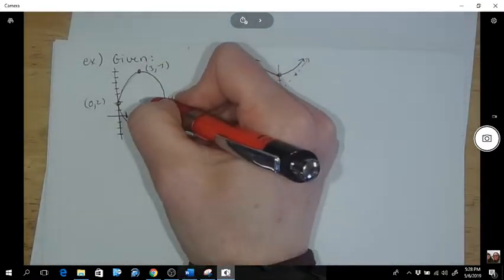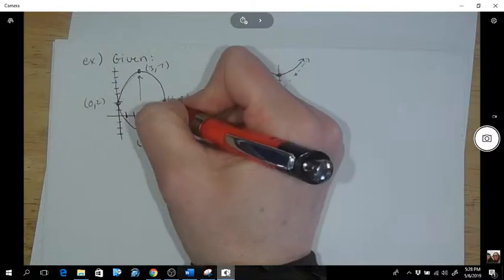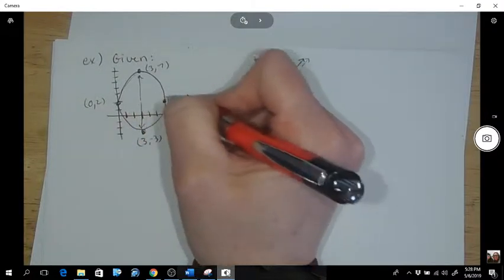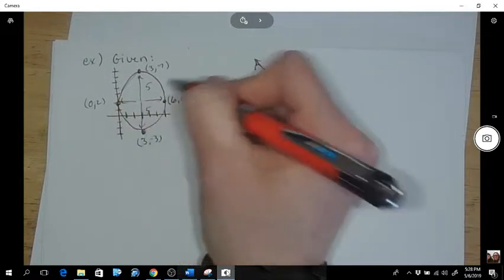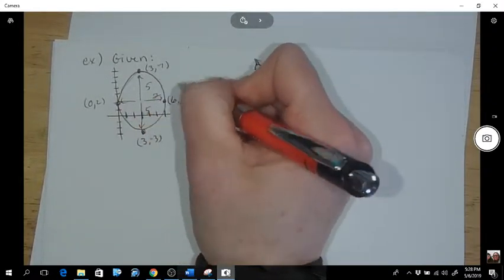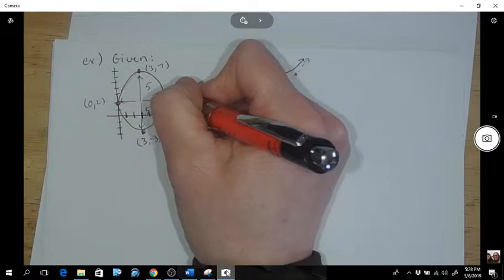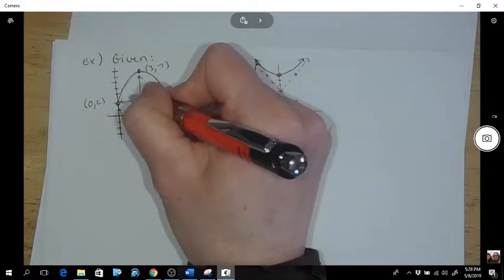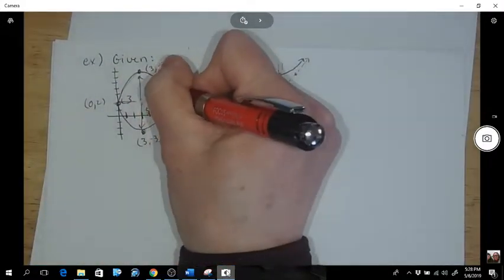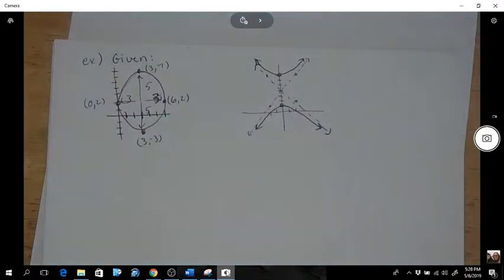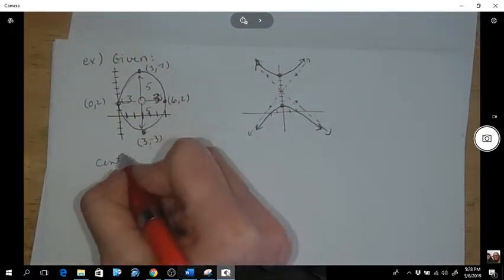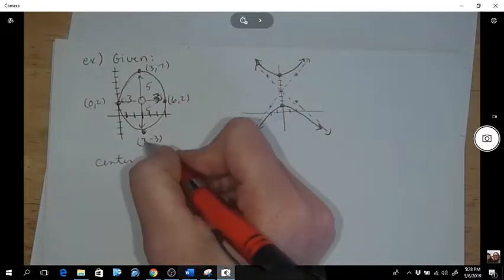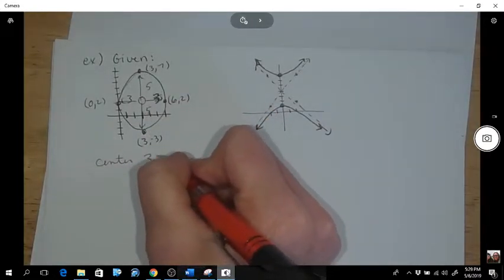Okay, so center looks like I went 5 up and down, and 3 each way. Okay, so what is that center? So the center will be (3, 2).